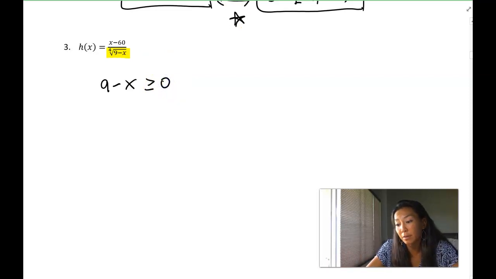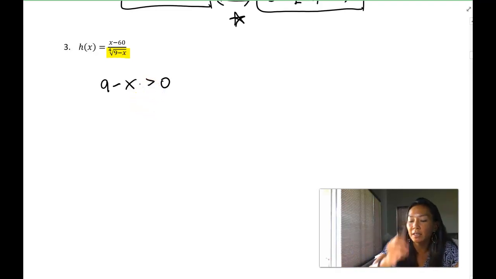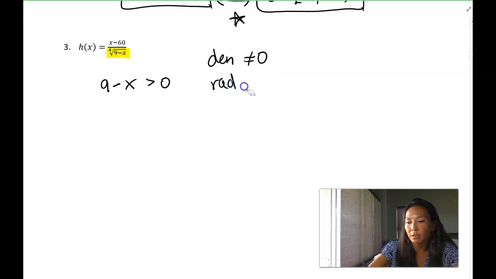But it cannot be 0, so this right here cannot be 0. I take away the equal to. You see that? It cannot be 0 because I cannot divide by 0. So the denominator cannot equal 0, and because of the radical, it has to be positive.